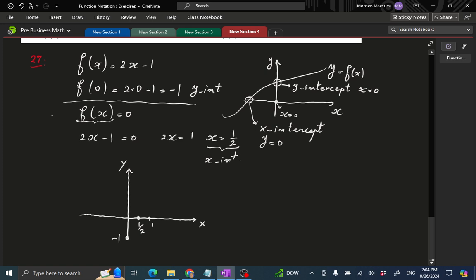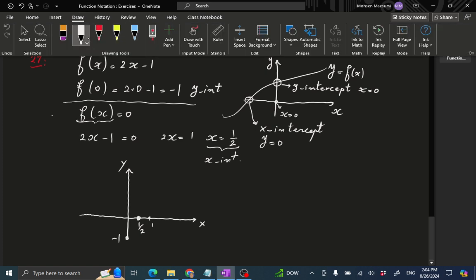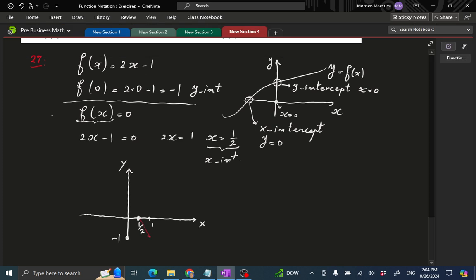So I have the x-intercept and the y-intercept, and if I know this is a line, I connect them, and that's the graph of y is equal to 2x minus 1, or if you wish, f of x is equal to 2x minus 1. Okay, so that is a problem from this category, and now we are going to move on to another example.